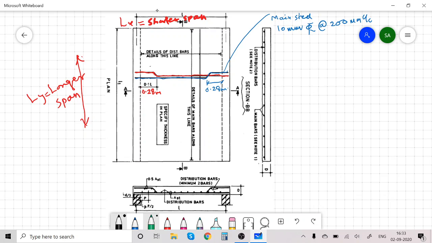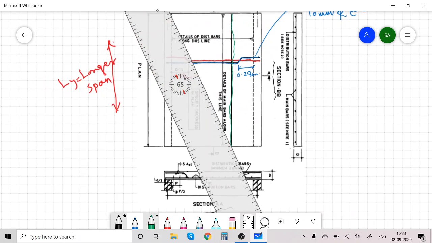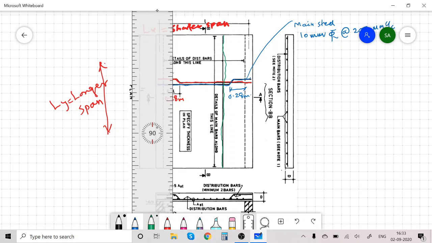So this is the distribution steel, straight bars. These are the distribution steel. And so distribution steel I am drawing, showing with this green ink.